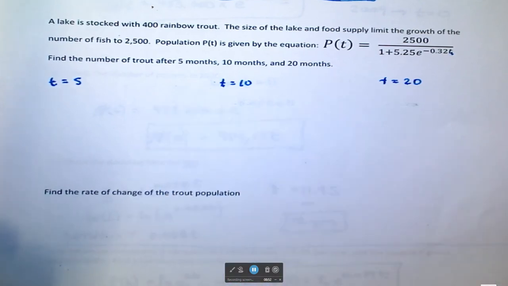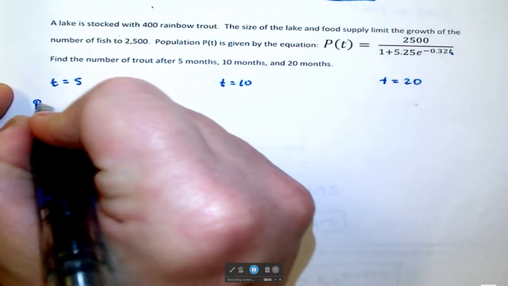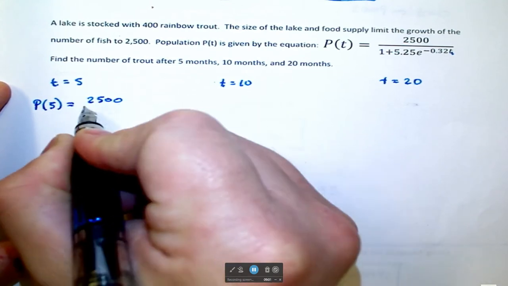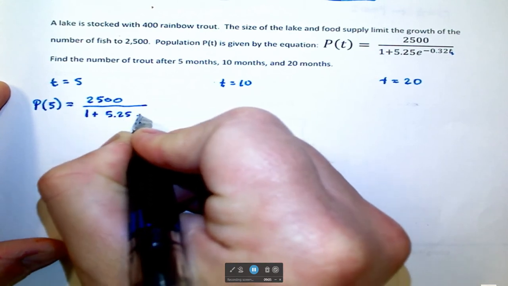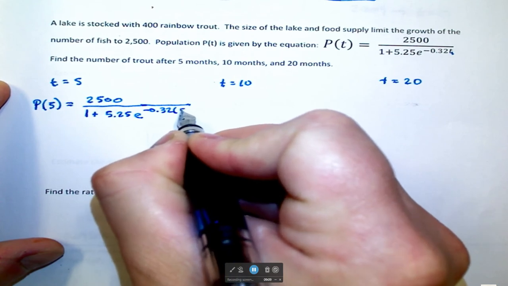So here goes. Let's take this model. P of 5, when T equals 5, would be 2,500 over 1 plus 5.25 e to the negative 0.32 times 5.